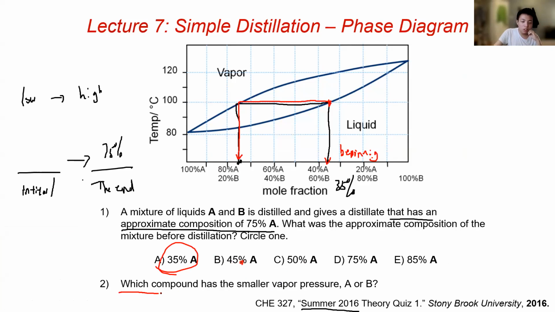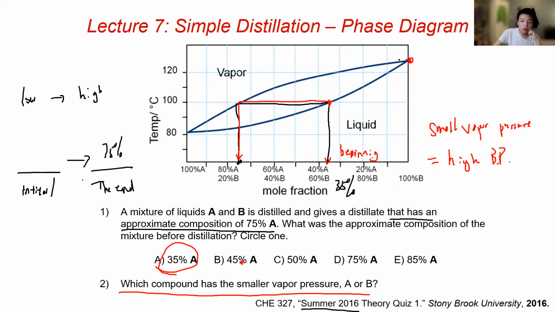And question number 2, which compound has the smaller vapor pressure, A or B? So smaller vapor pressure means high boiling point. And yep, Antonio got it.